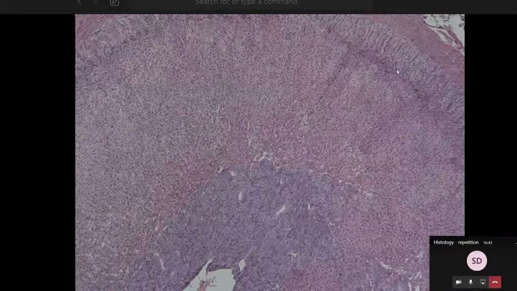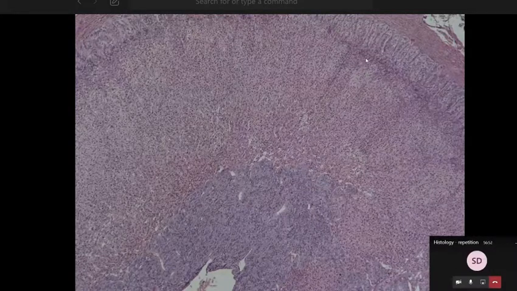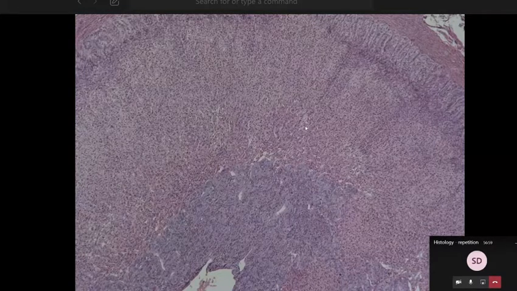And when we talk about the cortex, we can distinguish 3 or even 4 layers. So zona glomerulosa, just under the connective tissue capsule. Then we have zona fasciculata, and then zona reticularis.